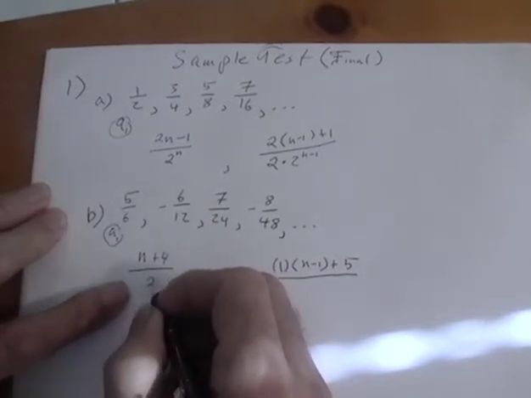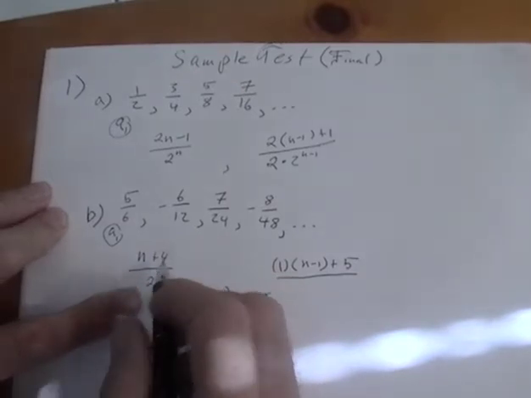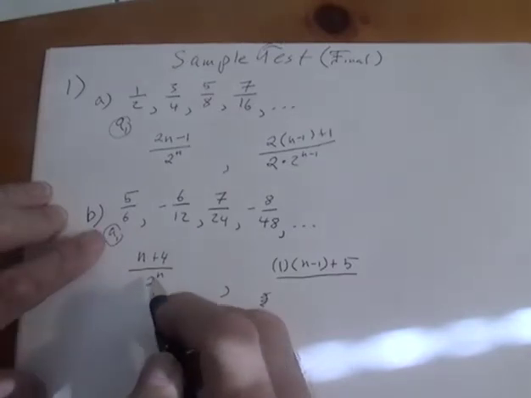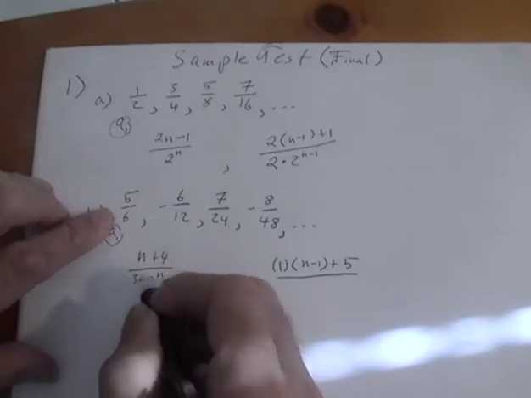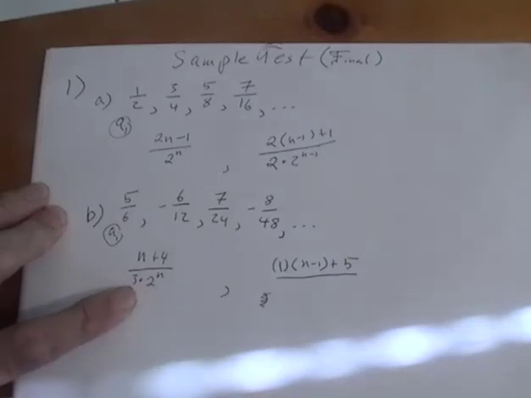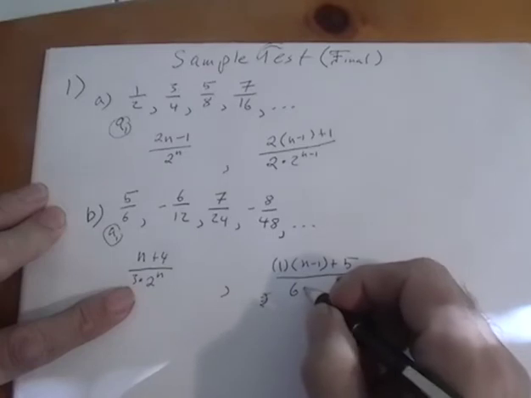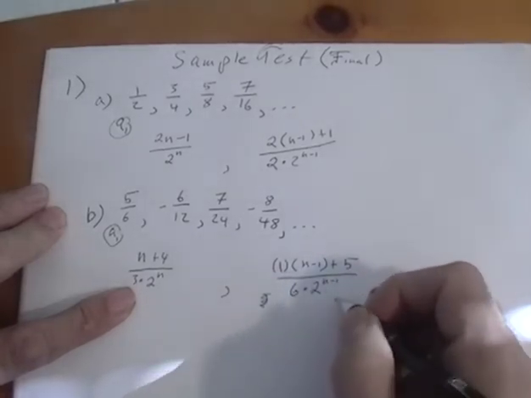This time, when I put in 2 to the n, I'm not getting the right starting point. If this is my first term, then 2 to the first is 2. I would need to multiply by 3. This is how I would tend to write it. For the book, remember that it is the first term times 2 to the n minus 1.